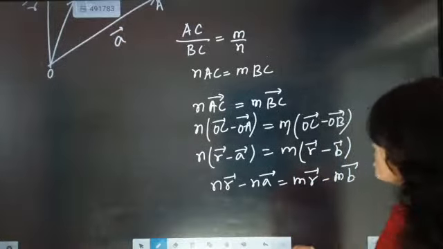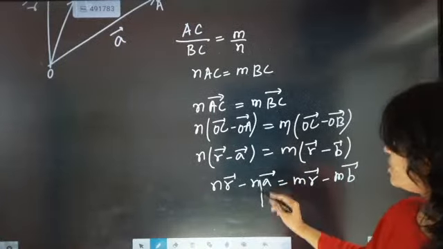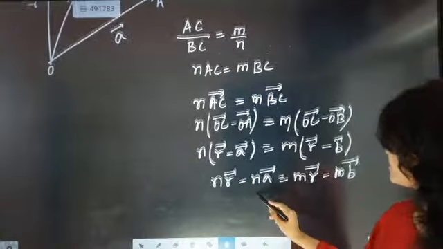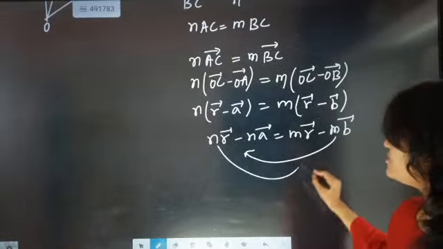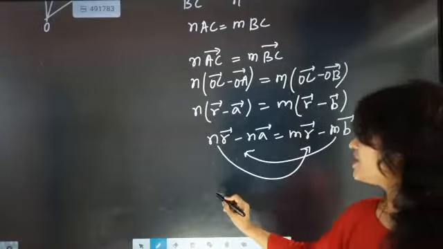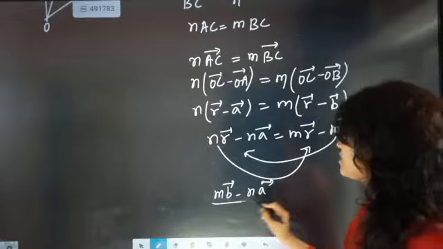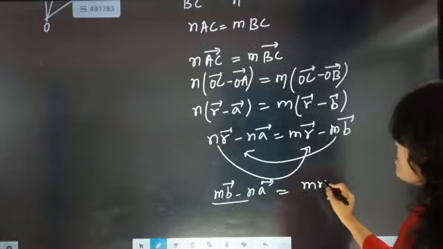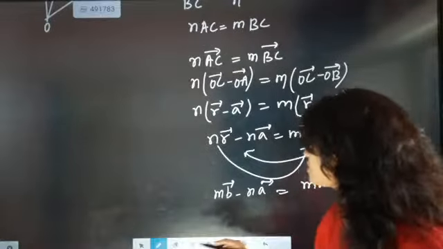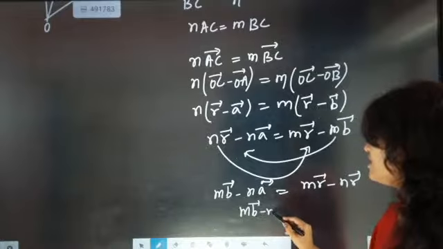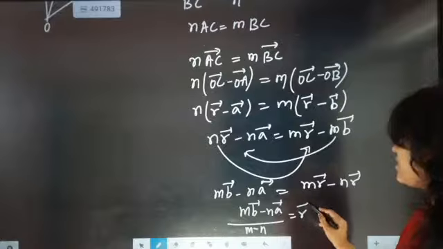So MB I am shifting this side and NR I am shifting this side. It will become M·B vector minus N·A vector equal to M·R vector minus N·R vector. So now simple work: (M·B vector minus N·A vector) by (M minus N) equals R vector.